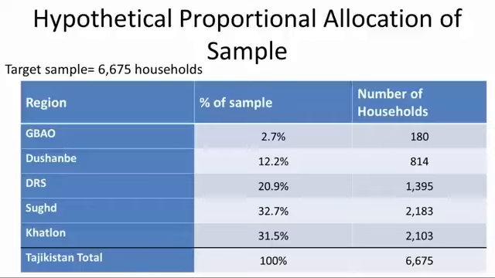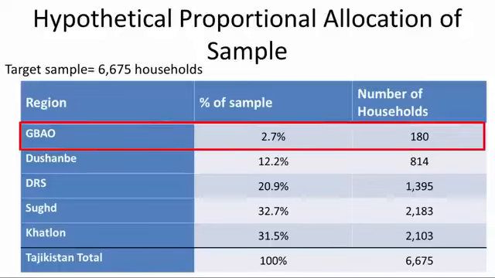So let's look at how a sample of households with proportional allocation would be divided across Tajikistan's 5 regions using the target sample size of 6,675 households. Since only about 3% of the population lives in Gabal, a proportional allocation would only give Gabal 180 households, or 2.7% of 6,675 households.